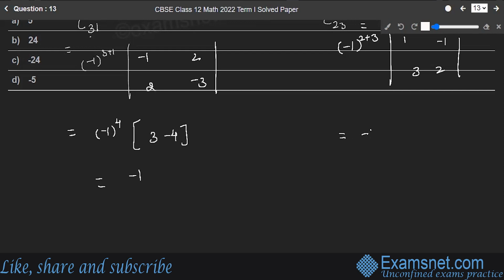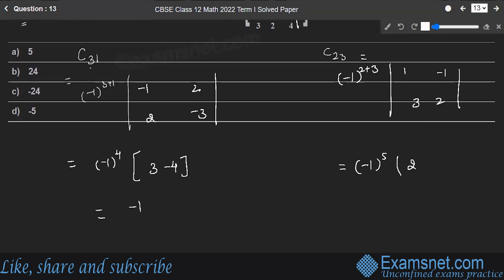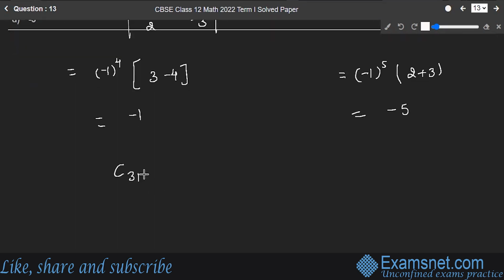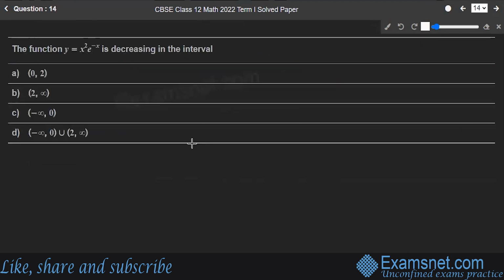And this is equal to minus 1 raised to power 5 multiplied by 2 plus 3, which is minus 5. You had to find out the product of these two. So C31 multiplied by C23 is equal to minus 1 into minus 5, which is equal to 5. And this is the answer. Option A is the correct answer. Hope you got that.